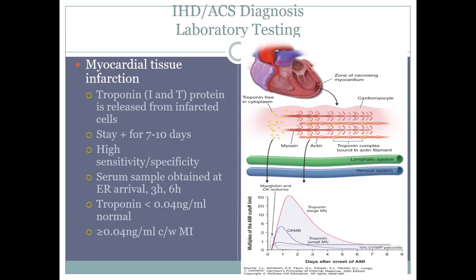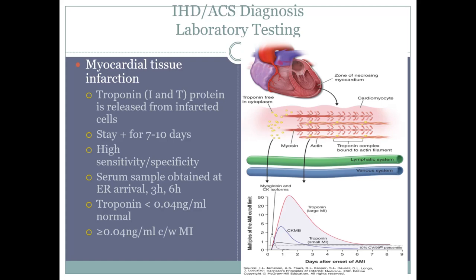Okay? We can tell a little bit more about what's going on with the heart based on troponins. Troponins are enzymes contained within cardiac muscle, and when that muscle is infarcted or dead, those cells lyse open, and all the enzymes go into the blood. You can measure that. So normal troponins should be low.